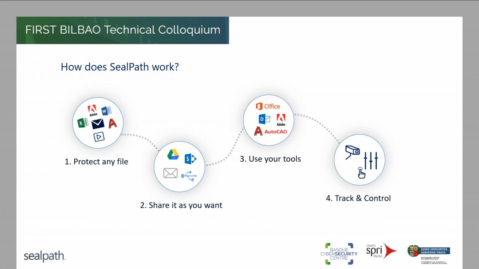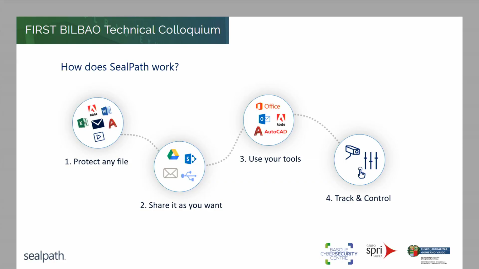Okay, so I'm going to show you more or less how it works, in a quick 5 or 10 minute demo. You can protect the files in different ways. You can, for example, say that all the files stored in this file server, in this cloud system, in Office 365, are protected when the user uploads a file there.